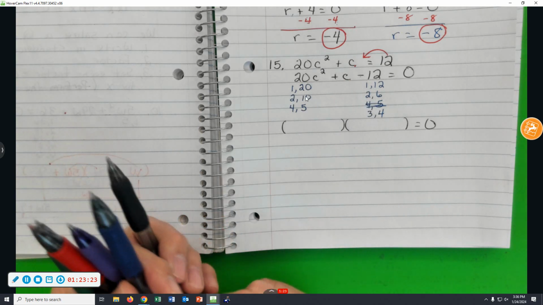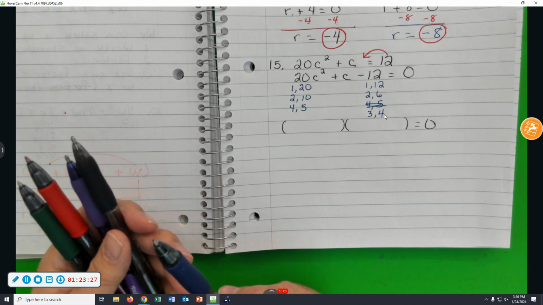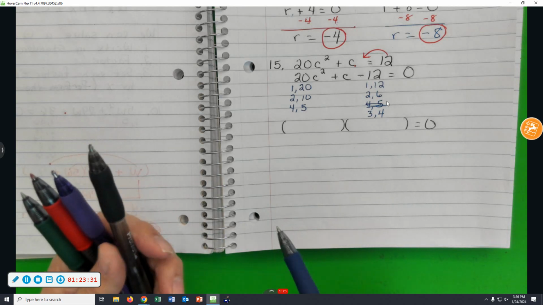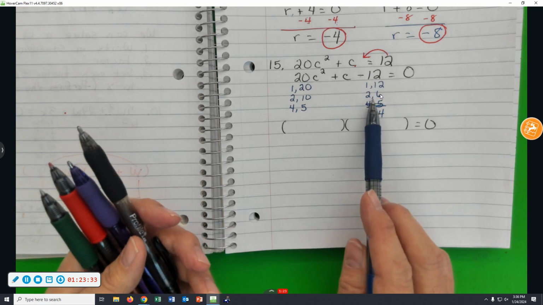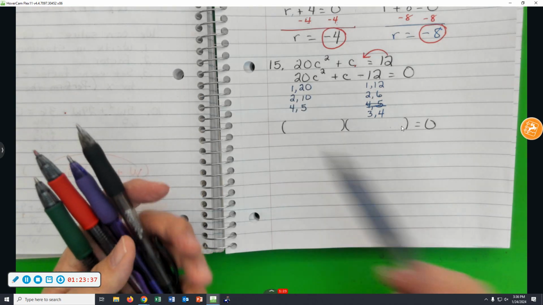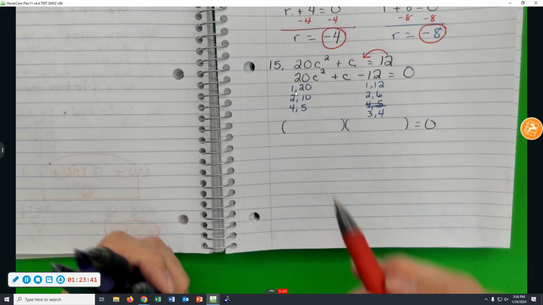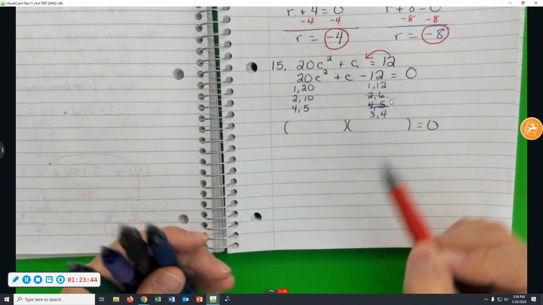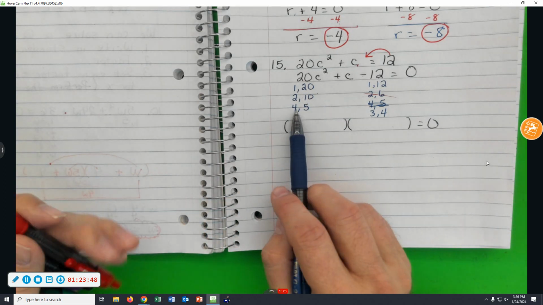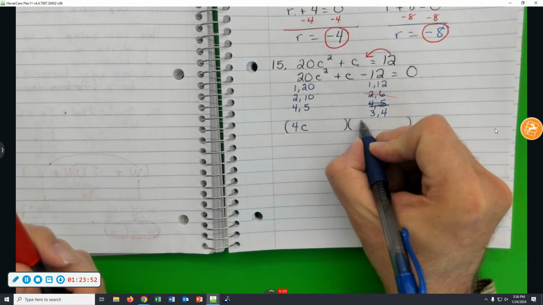I can get rid of the 2 and 10 first because every one of these pairs has an even number over here. And you can get rid of the 2 and 6 also. Could I have a 2 and 6? Because then there'd be no place to put these even numbers. Did y'all follow my logic? So I'm going to start with the 4 and 5: 4c and 5c.